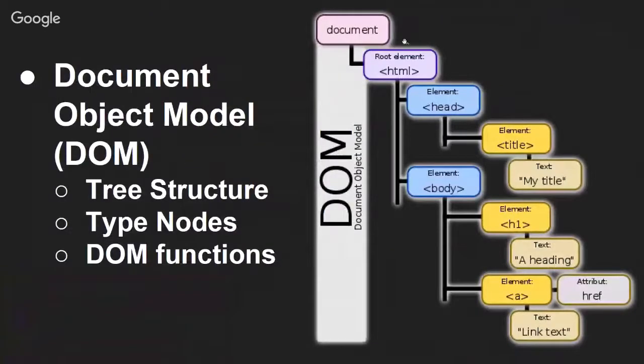So this is the hierarchy that I was mentioning. If you see, visually it's like a tree, so that is why it's named a tree structure. So if you see, here's the tag HTML, the root element HTML.